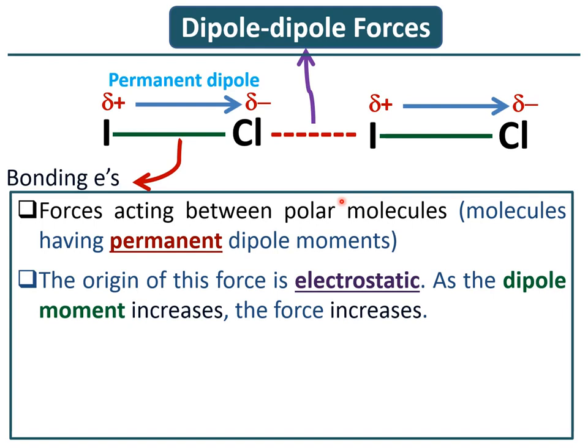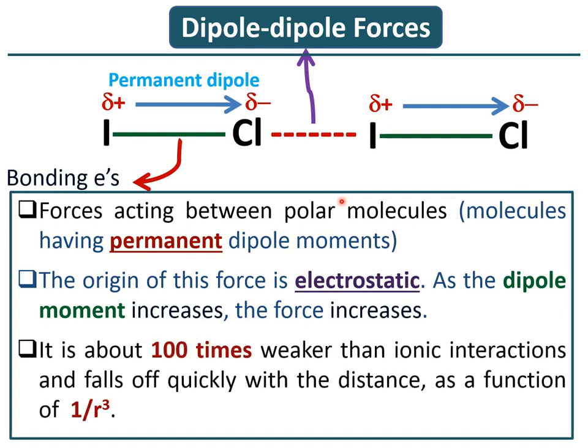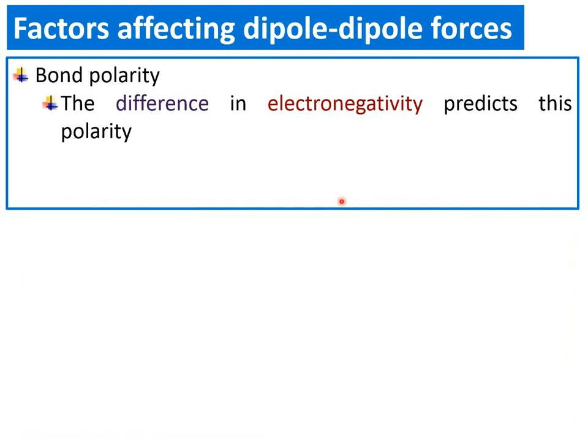It is about 100 times weaker than the ionic attractions. If I asked you which is stronger, the ionic bond or the dipole forces, the ionic bond of course is stronger. It also falls quickly with distance, as a function of 1 over r cubed. Factors affecting dipole forces: the difference in electronegativity.